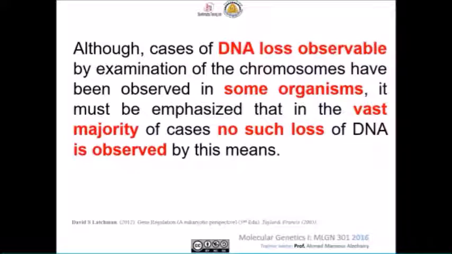The two exceptional cases that we talked about, the red blood cell and the nematodes, are actually exceptions. In most tissues and most organisms, we cannot find such loss in their tissues, as we will see.